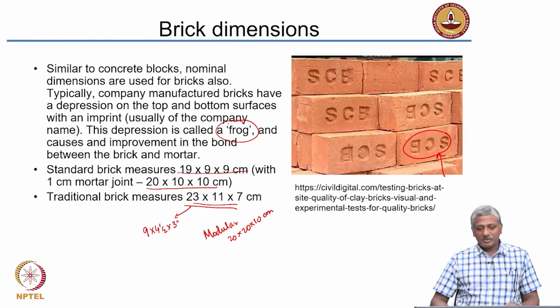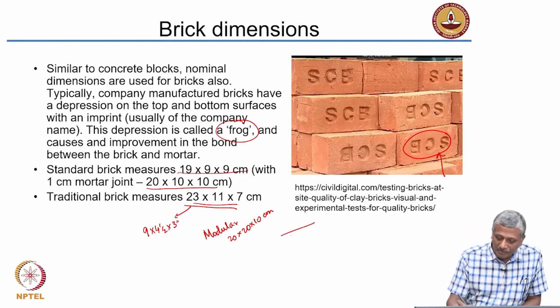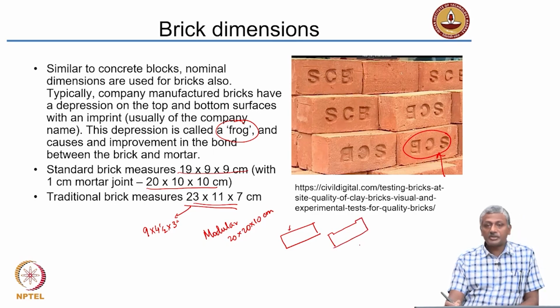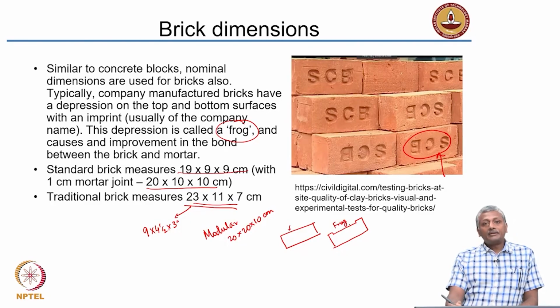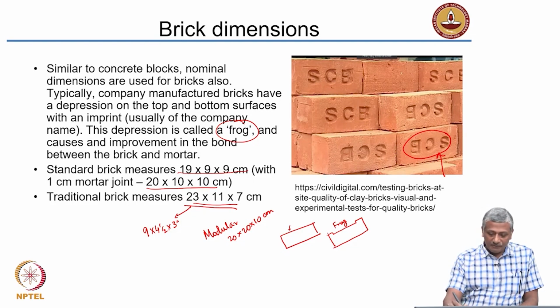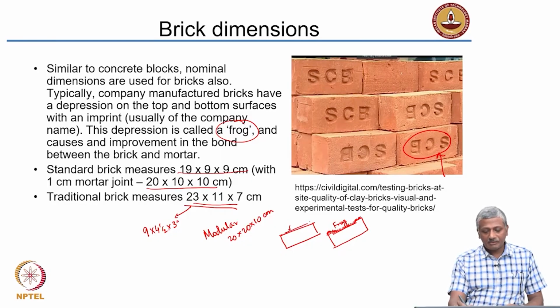Okay. In some other bricks you may see that the top surface itself is not perfectly flat. On the other hand, it is somewhat like that. Okay. You have a depression like this on the top surface. That depression is called the frog, and it has an interesting need to be there also. Because of this frog, the surface area on the top for bonding with the mortar is more than the surface area in the flat case.